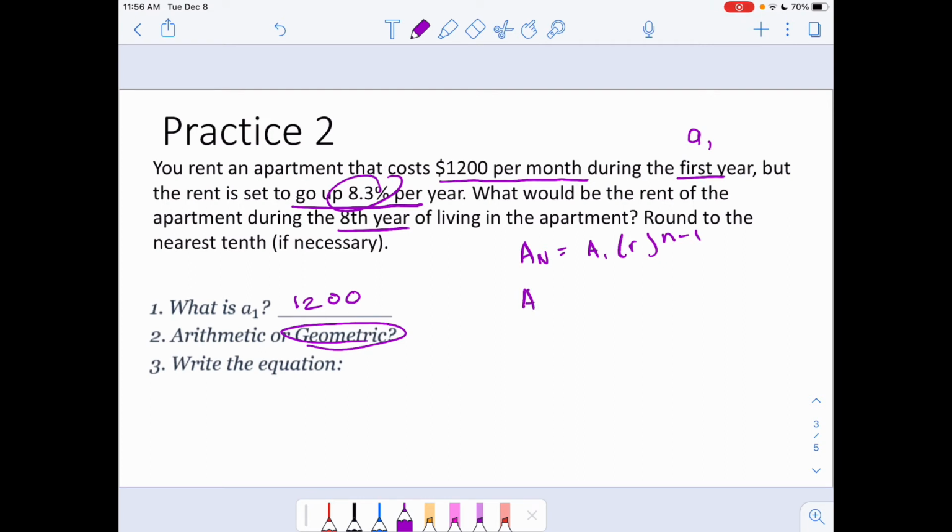My initial value was 1,200. I need to convert 8.3% to a decimal. And because it's going up, it's increasing, I'm going to add. So I'm going to go ahead and simplify.